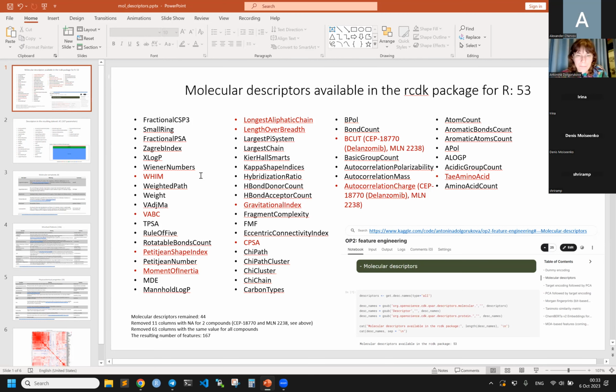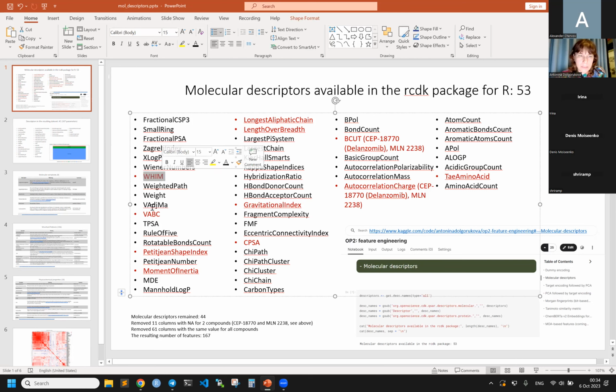As a little breakdown of the workflow, I extracted all available descriptors, and then I removed those which produce errors or warnings, because they need more information than we have in our SMILES. In our data set, we have SMILES, as Alexandra mentioned, which represent two-dimensional chemical structure. From them, you can get some information about the molecule.